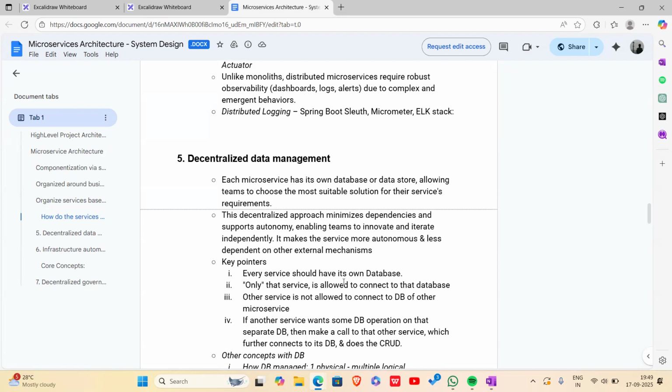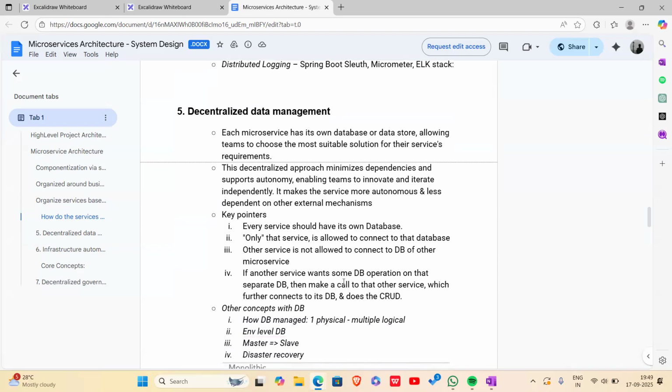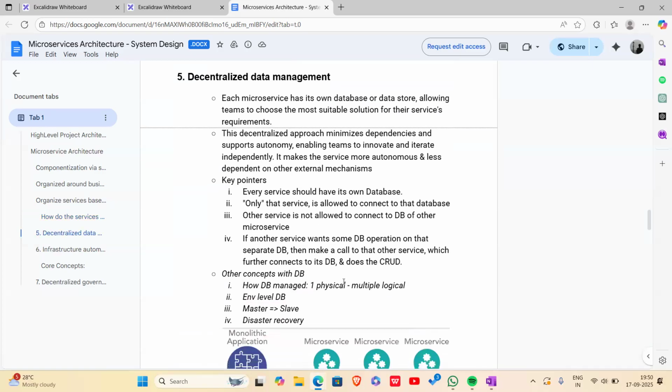Key pointers: every service should have its own database, and only that service is allowed to connect to that database. Other services are not allowed to connect to the DB of another microservice. If another service wants some DB operations on that separate DB, it makes a call to the other service, which further connects to its DB and does the CRUD operations.